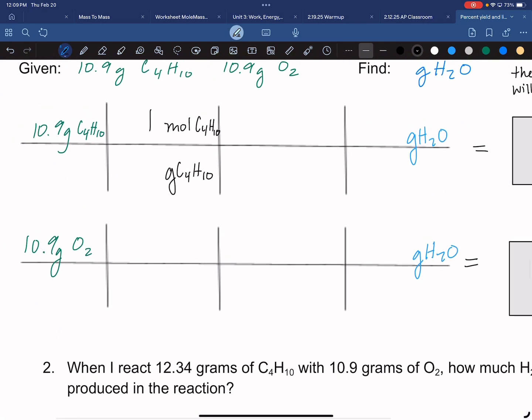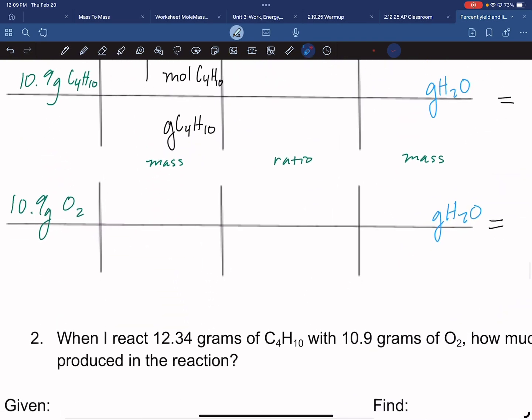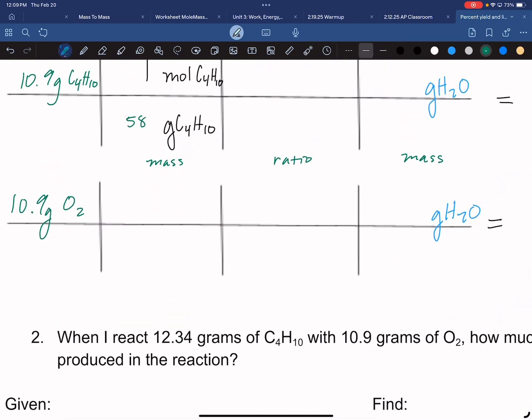So from here, remind yourself, is it going to be mass ratio mass or ratio mass ratio? Mass ratio mass. Just keep saying it. Say it in the middle of the test if you need to. Mass ratio mass. When is our test, everyone, by the way? Next Tuesday. So, y'all got it. We're going to have plenty of practice. So, when we look at C4H10, remind me, what's my molar mass? 58. There you go.